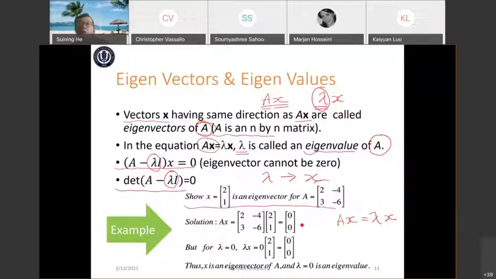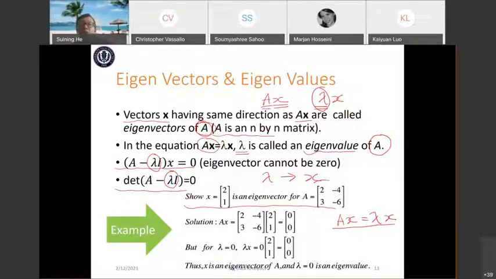We also see that if we let lambda be 0, then 0 times this vector is also the 0 vector, meaning that AX is equal to lambda X. So it satisfies the definition of eigenvectors and eigenvalues.